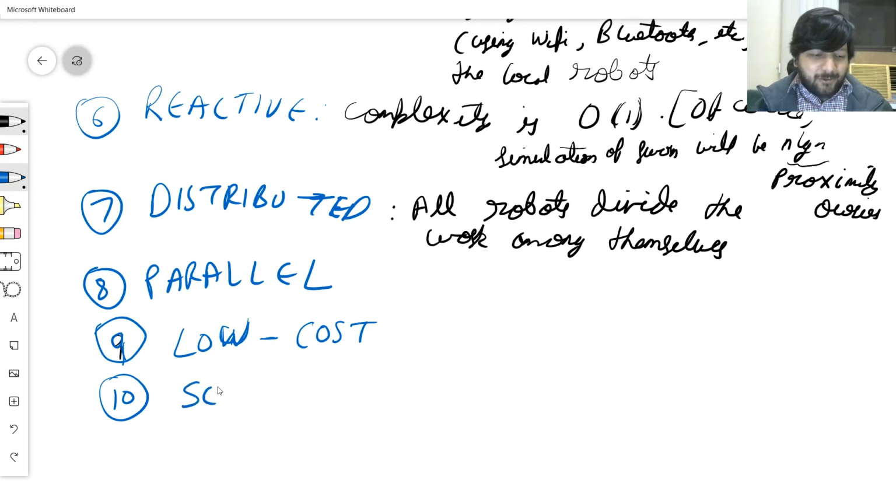Because they are low cost, they are naturally scalable. That means I can just increase robots on the fly from 1 to 10, 10 to 100, 100 to 1,000, thousands to 10,000s, and the algorithms will still behave, which is not true of most of the programs that you write. Scalability is a major concern.